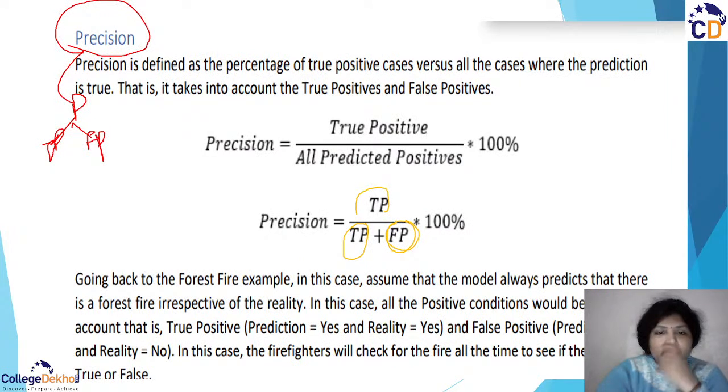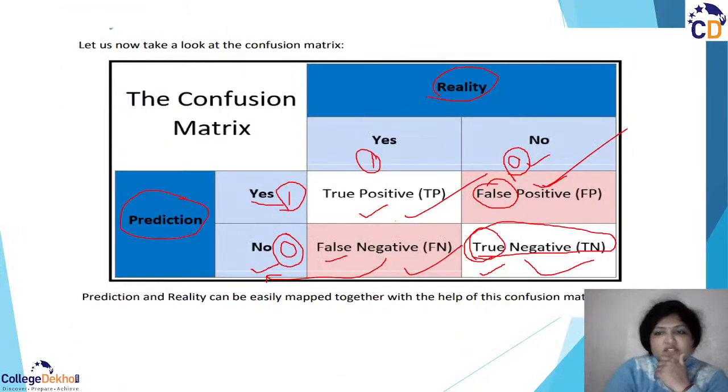Now what about when we have the false negative part? That comes in another evaluation method, that is recall, right? So here I have used the main concept, this confusion matrix. How to make this confusion matrix, how to basically derive true positives, true negatives, false positives and false negatives, right?